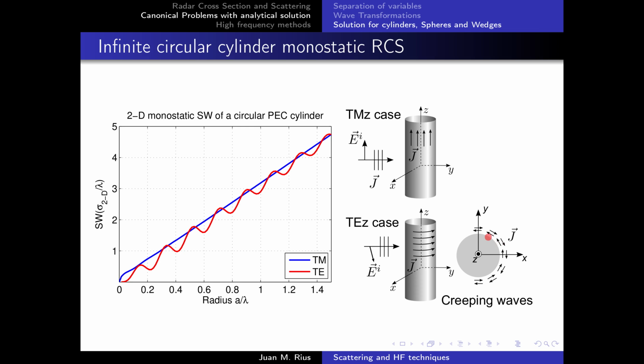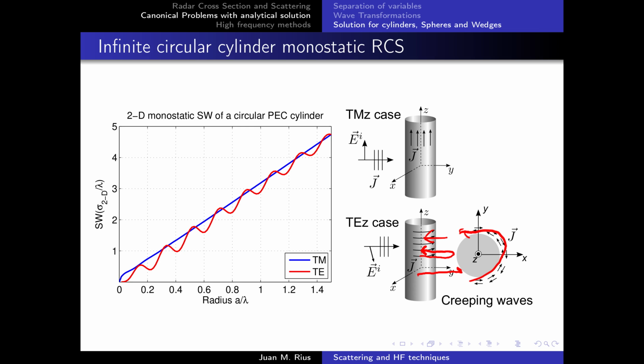But also it is interesting to observe that the scattering of the creeping wave, here we have the incident field, creates the creeping wave, and then it exits the cylinder, but there is an interference between the back scattering from the creeping wave and the back scattering from the front illuminated surface.